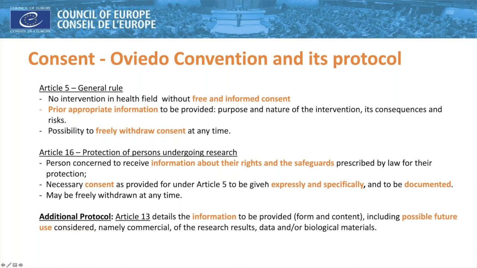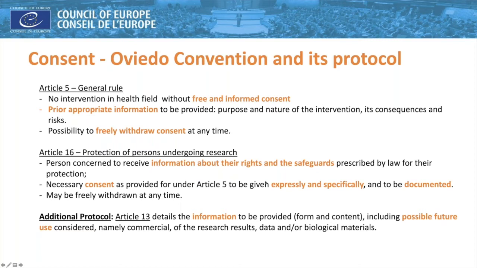Those are general rules applicable, under Article 5, to any intervention in the biomedical field: free and informed consent, no intervention without it, prior appropriate information, appropriate with regard to the format as well as the content, and the possibility to freely withdraw consent at any time, which implies that you need to be informed that something is going on, including in the case of the use of biological material which has been removed at a certain time.